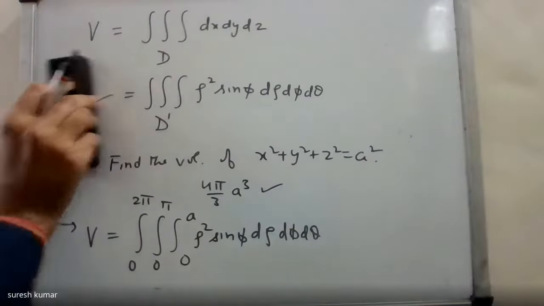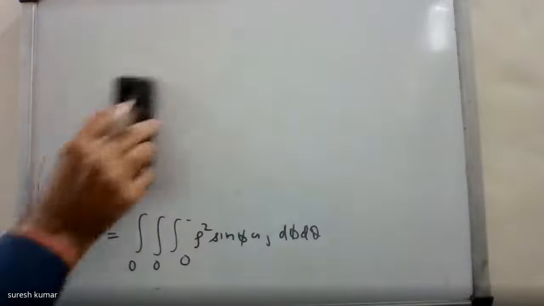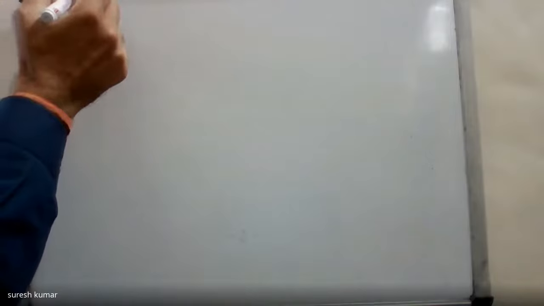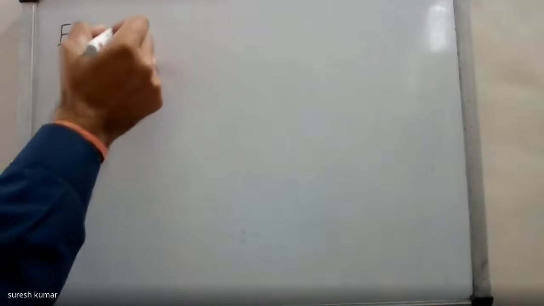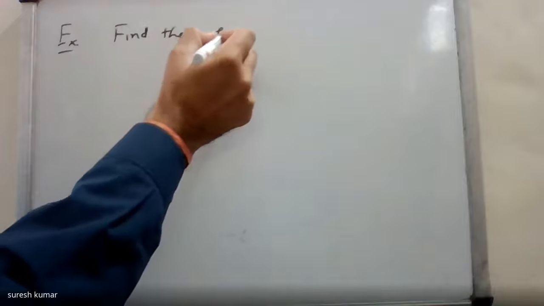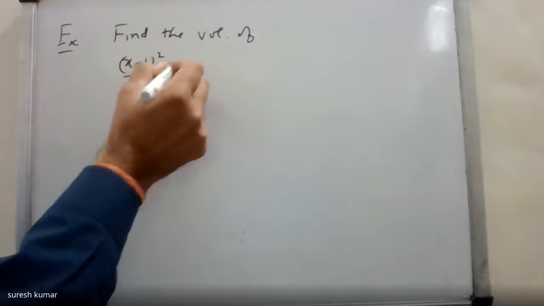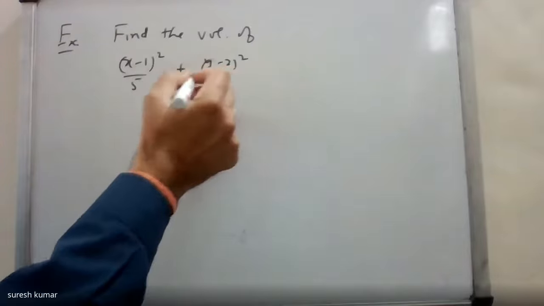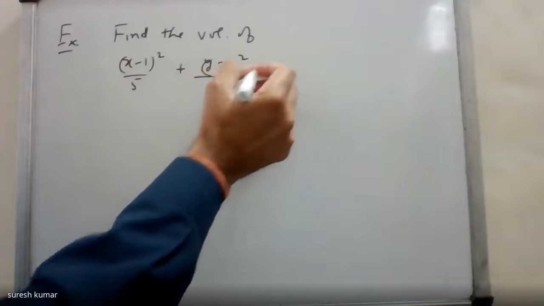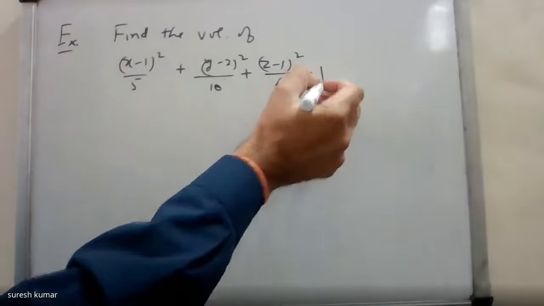Let's do one more volume problem. Find the volume of the ellipsoid x minus 1 whole square over 5 plus y minus 2 whole square over 10 plus z minus 1 whole square over 6 equal to 1.